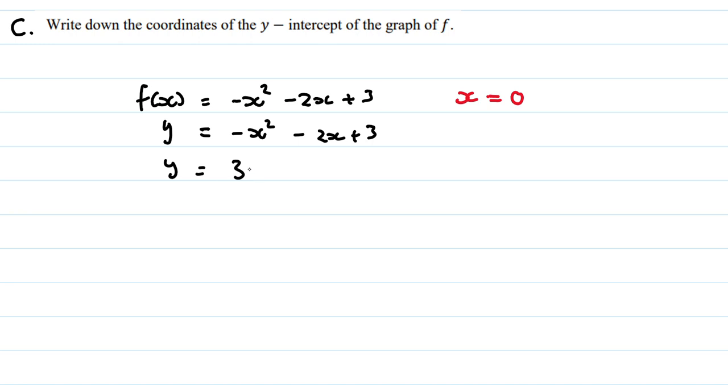So the y coordinate is 3 and the x coordinate is 0. So what we have now is y int of f of x is equal to, the x coordinate is 0 and the y coordinate is 3.